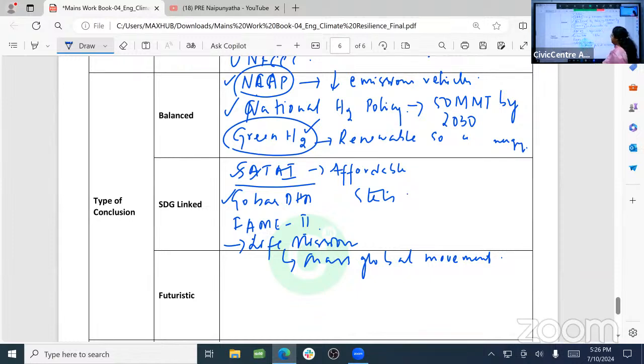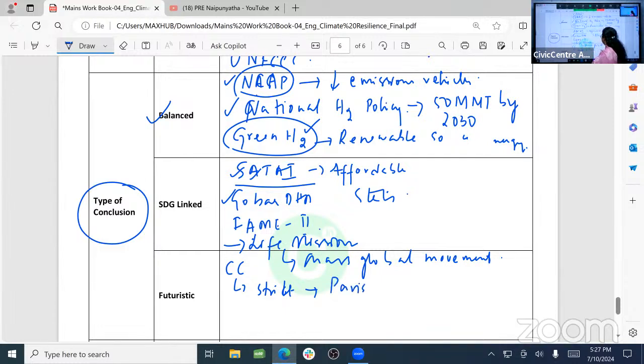Now, when we see the type of conclusions that you can write, you can write a balanced conclusion. How do you balance your conclusion? By saying that though there are immense challenges of climate change that are happening, strict and immediate actions can make us realize the targets of the Paris Agreement.